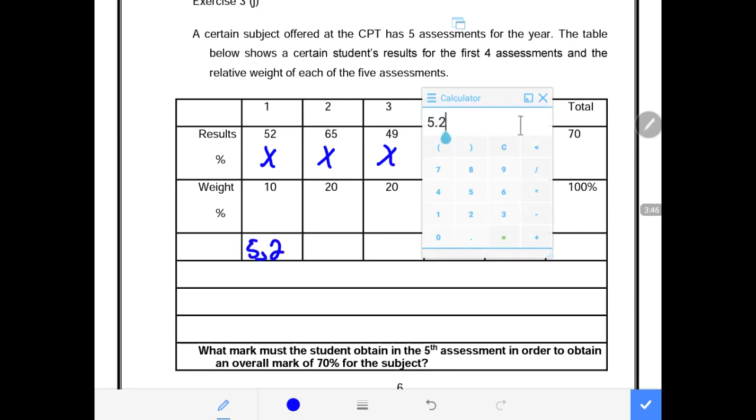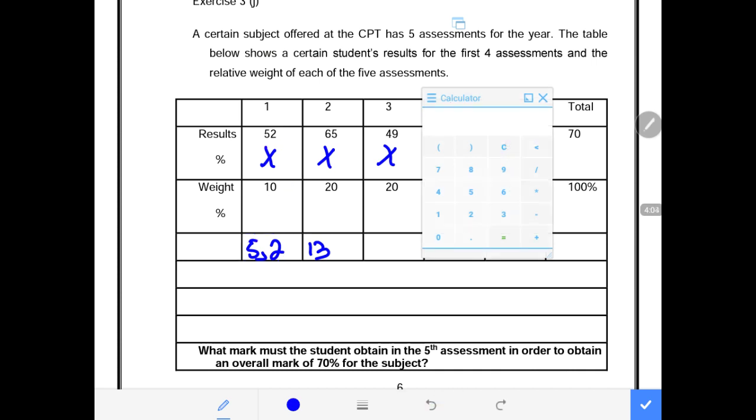Then after we say the second assessment, the student performance was 65% out of the weight of 20%, meaning the progress will be 13 out of 20. This is 5.2 out of 10, which is 52%.